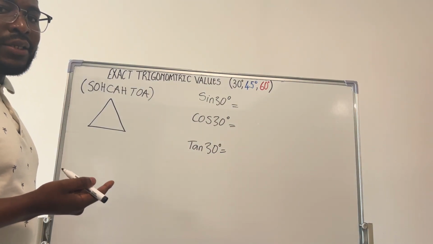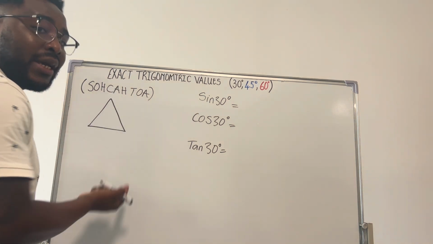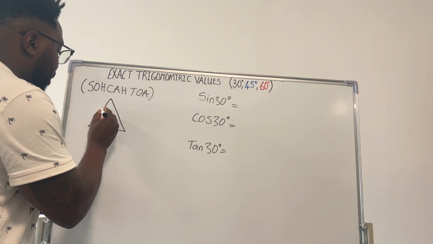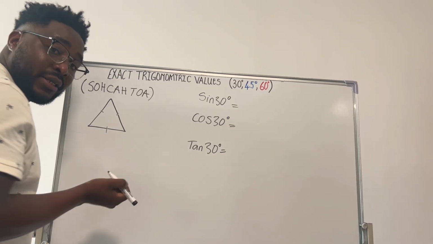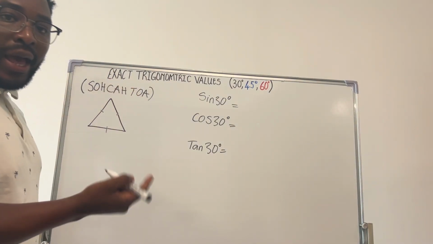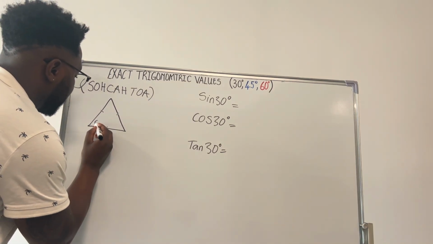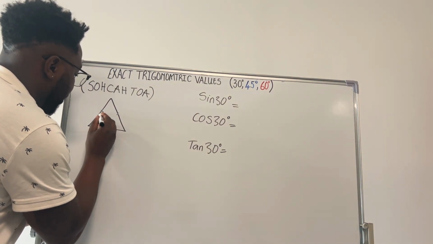We do know that an equilateral triangle has equal sides, right? And we do know that it also has equal angles, which are what? 60 degrees. Yes, so this angle is 60 degrees.